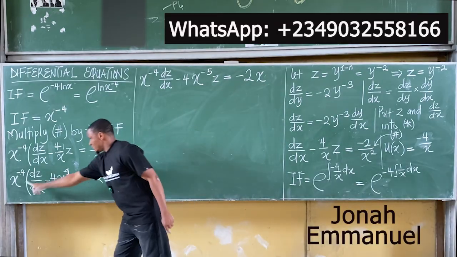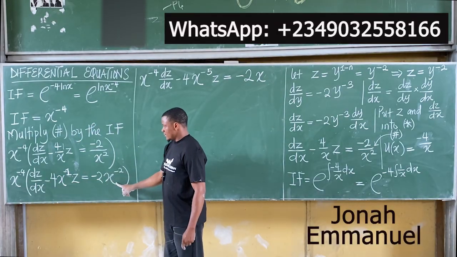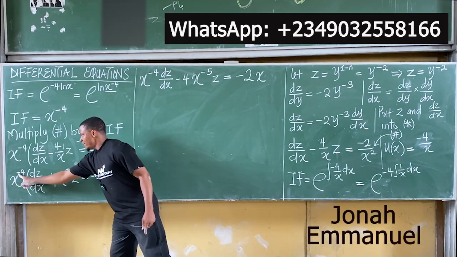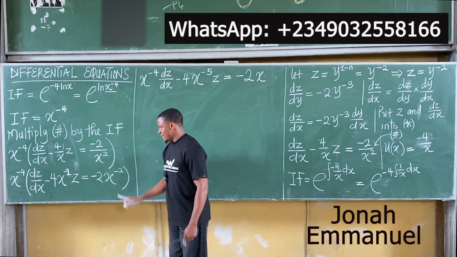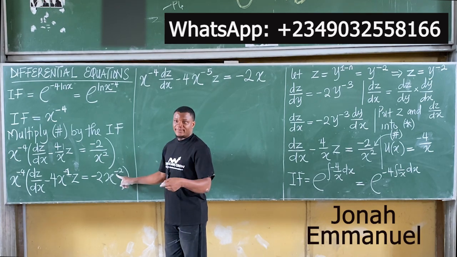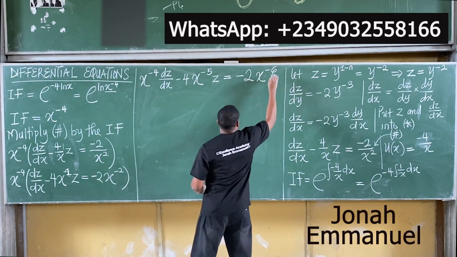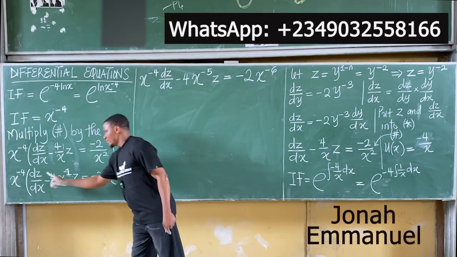Of course, this is multiplying this, so x times x, same base, add the powers. So I'm having minus 4 plus minus 2, which gives you minus 6. Just simply add the powers.